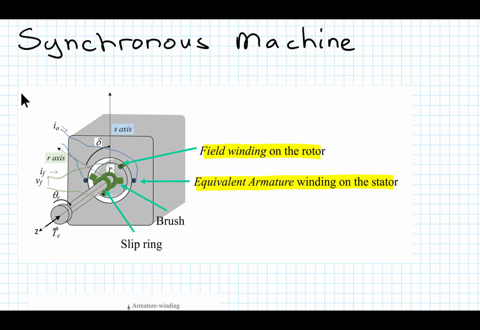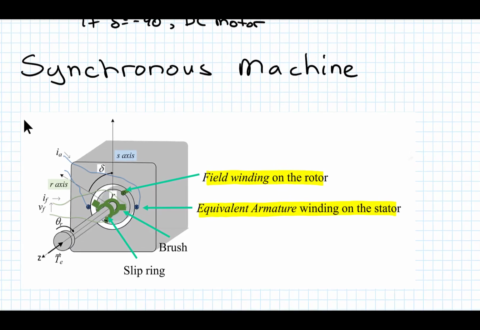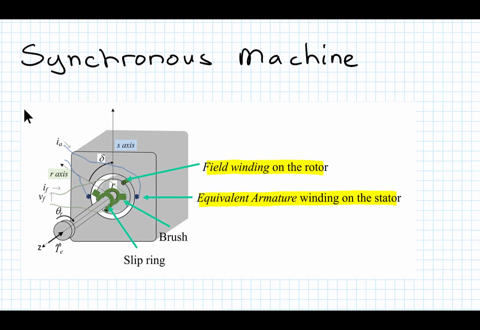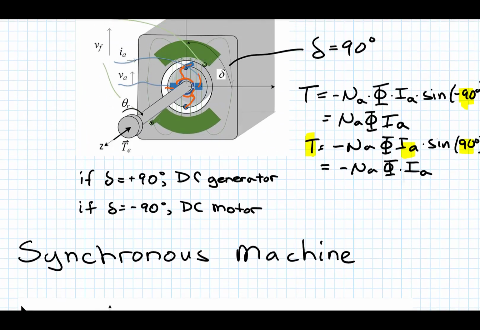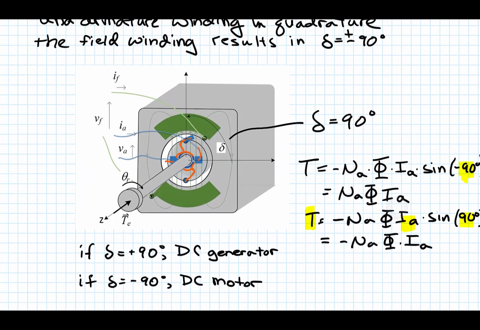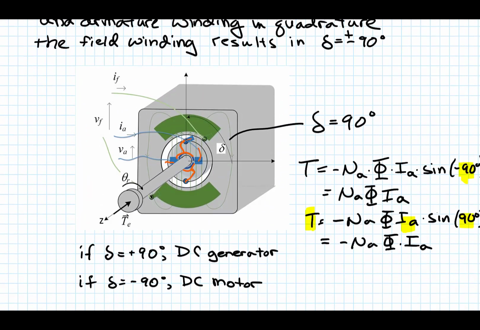Now, how does the current get into the field of the rotor? And again, if I hadn't made this clear before, in the case of the DC machine, of course, the currents in the field and the armature are both DC currents.